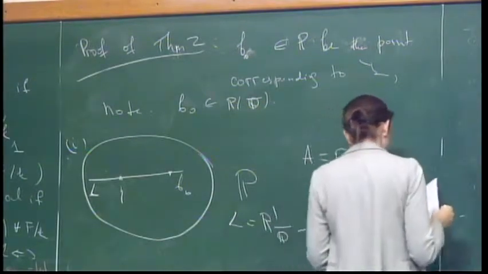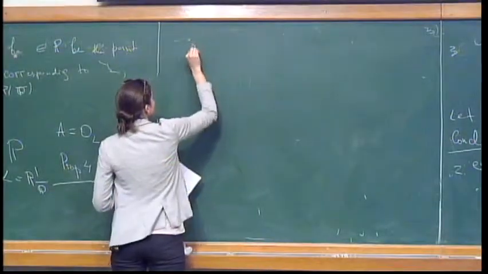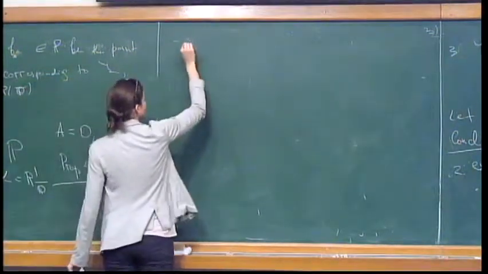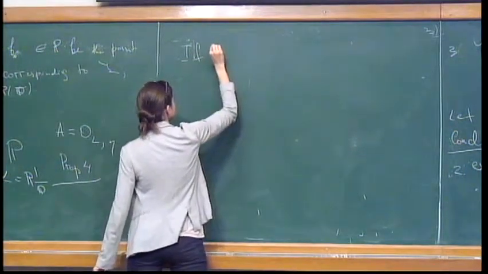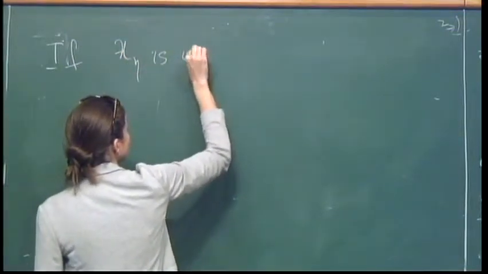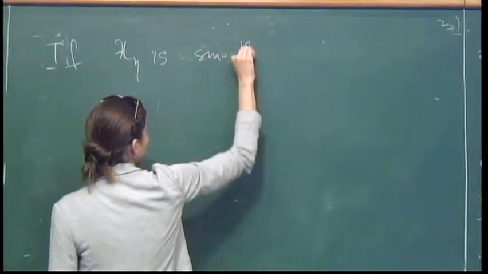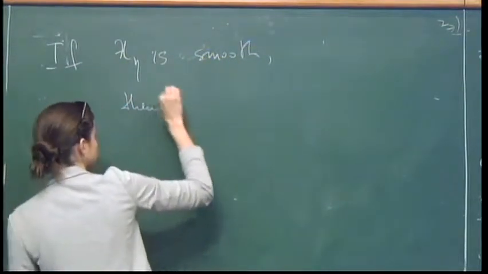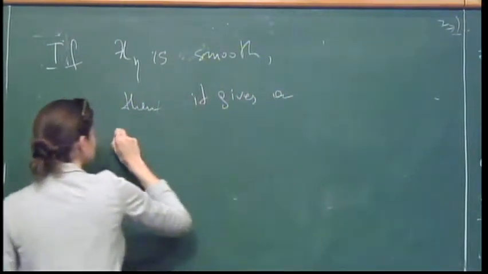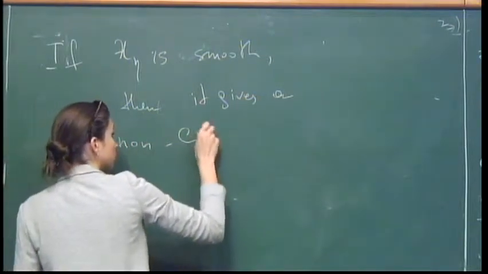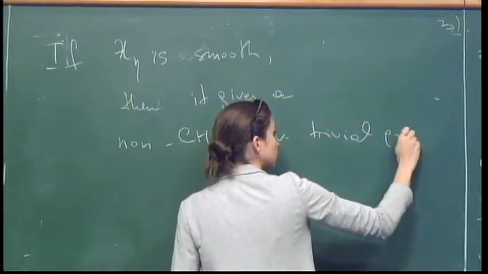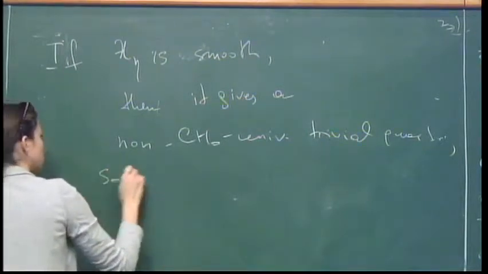So proposition 4 tells you that if X eta is smooth, then it gives a non-CH0 universally trivial quartic. So non-stably rational.